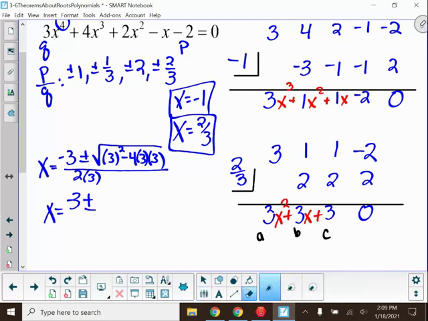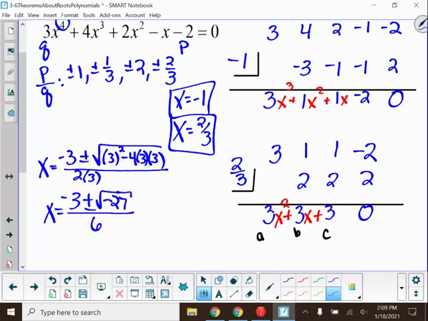I have -3 plus or minus the square root of -27 here, and that's all over 6. Square root of -27 is going to be 3i square root of 3.